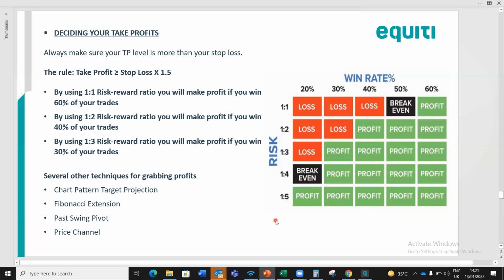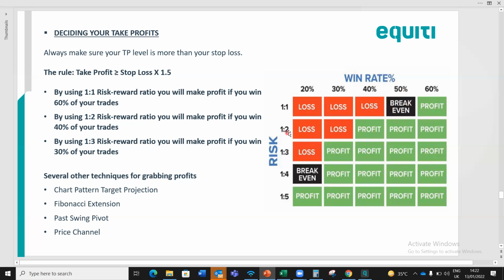Now, look at this diagram here. We have on the vertical column the risk, and then on the horizontal column we have the win rate. All right. So if you're using a 1:1 risk to reward ratio, you're only going to break even if you win 50% of your trades. So you can only start making profits if you win 60% of your trades and above.